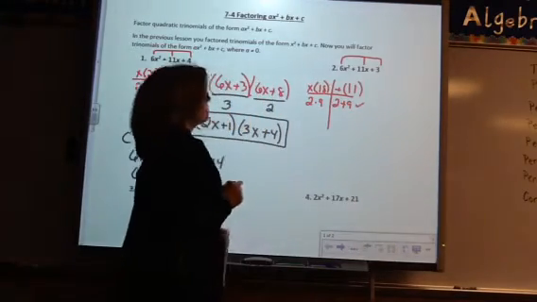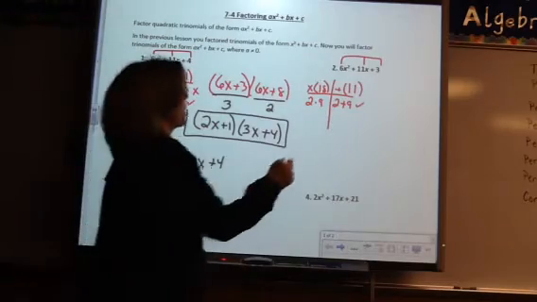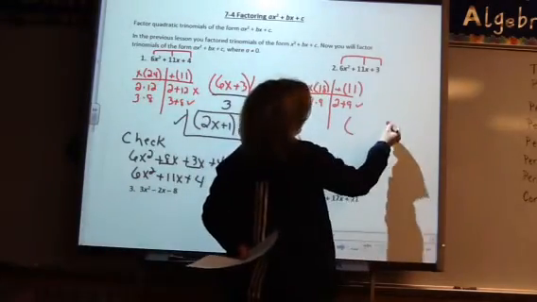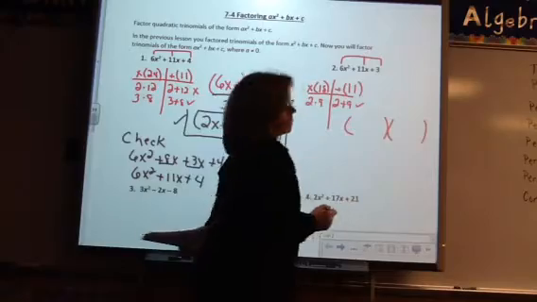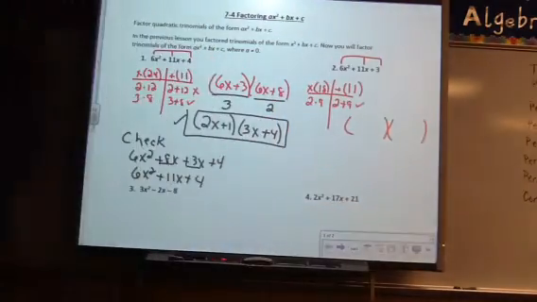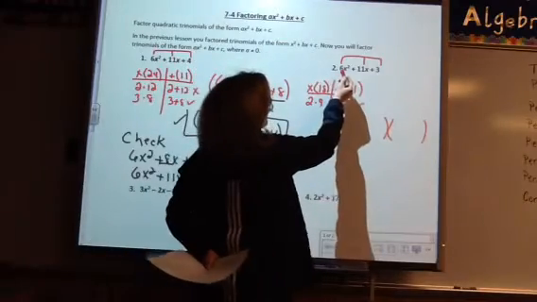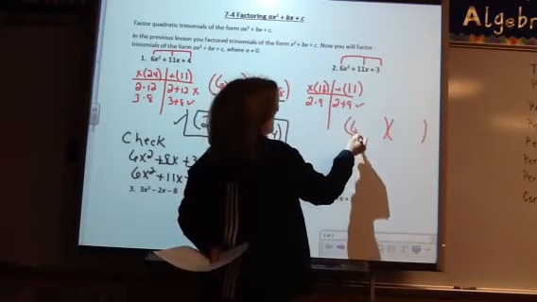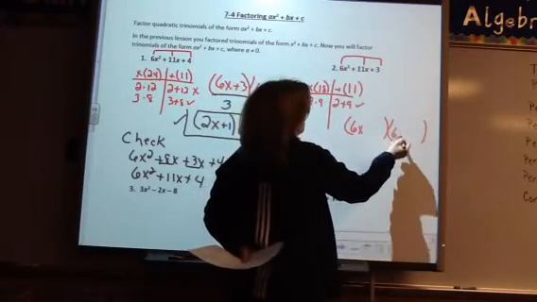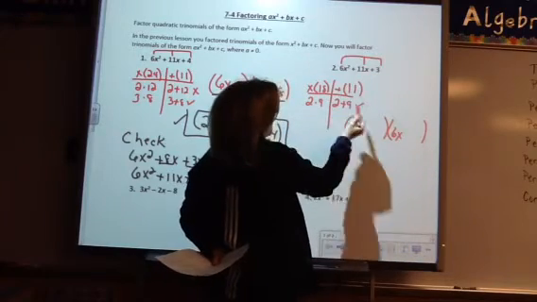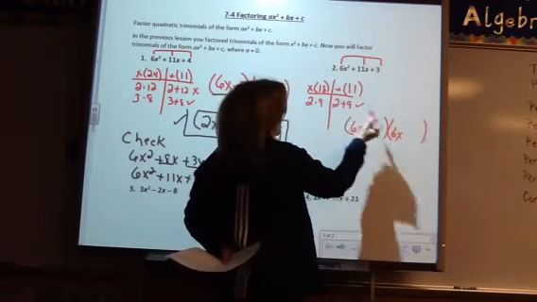Look out. All right, so make sure y'all can see that. Okay, so bring down my A, my coefficient 6, and 1x, and positive 2, positive 9.